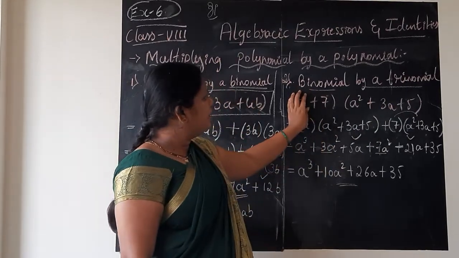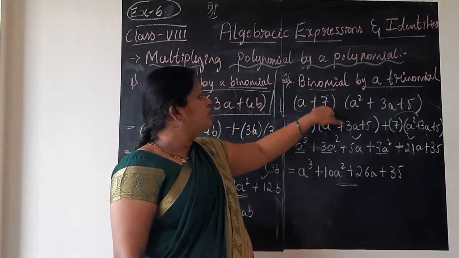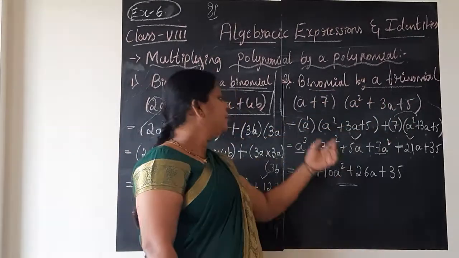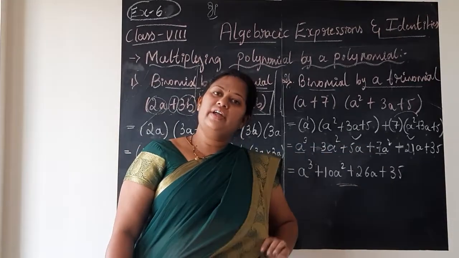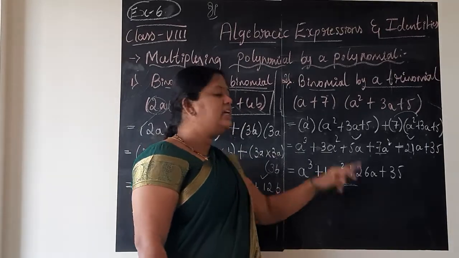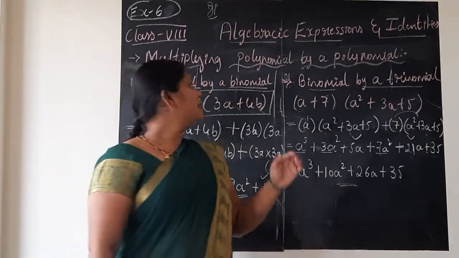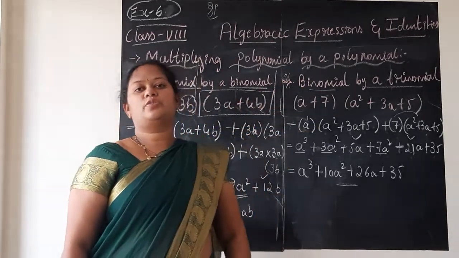First term into whole second bracket, plus or minus according to the given sign. Second term into whole big bracket you will multiply. Simplify, check for the common terms, add or subtract them according to the given sign, and finally keep the last step in the decreasing order of the power.